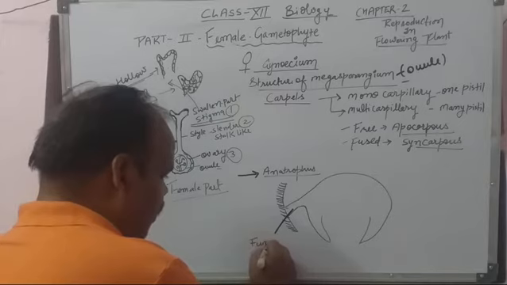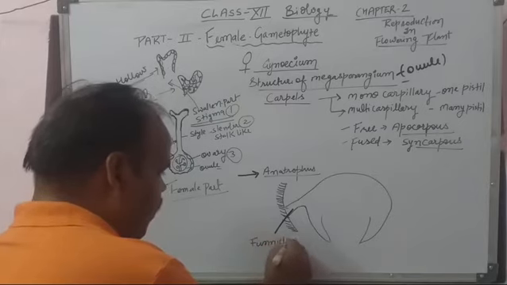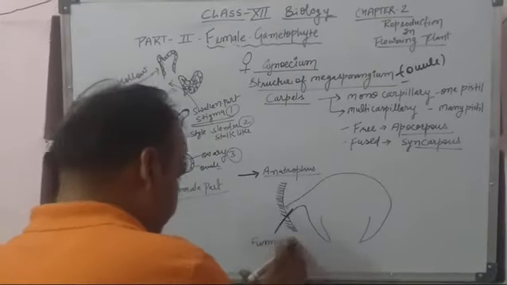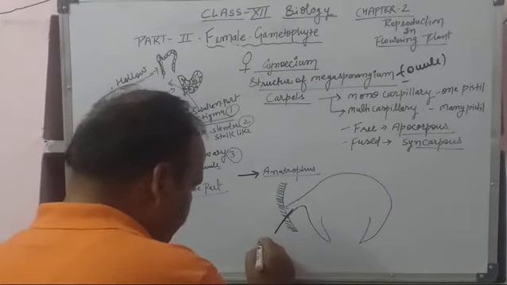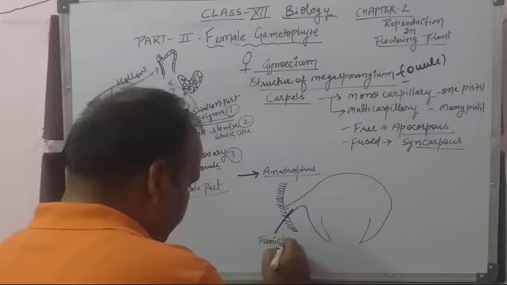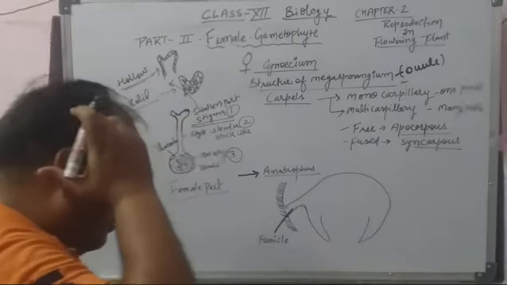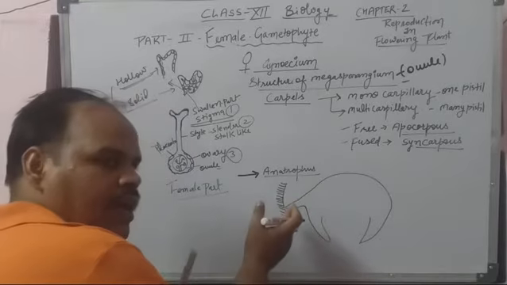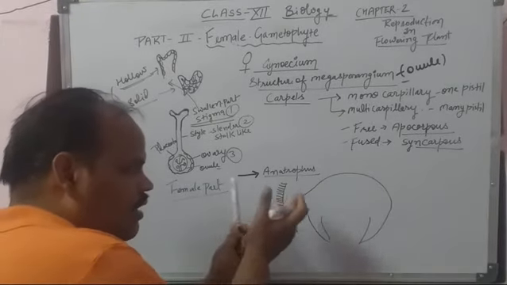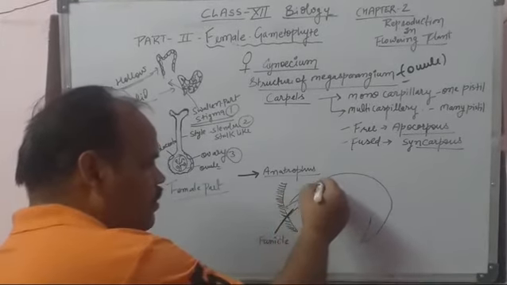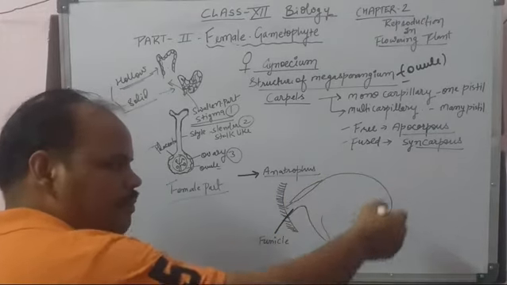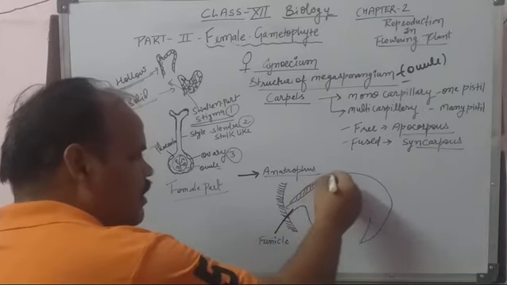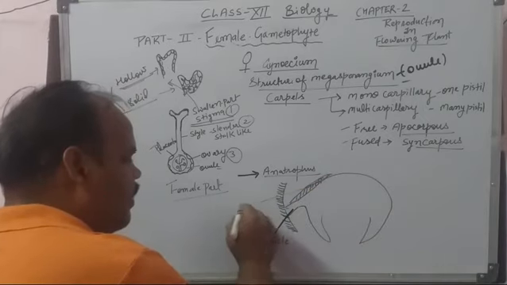Next, as it increases in size, the outermost part of the ovule formed here is called the raphe.